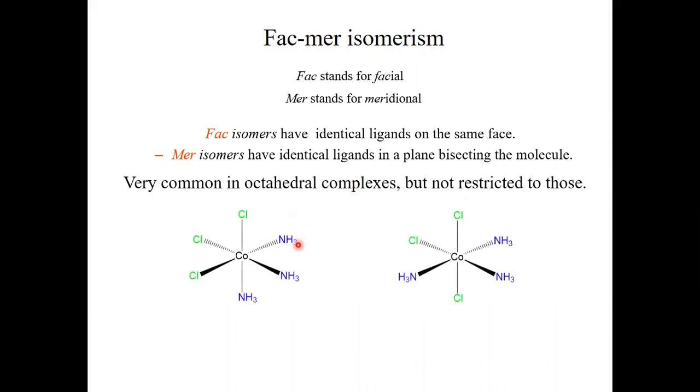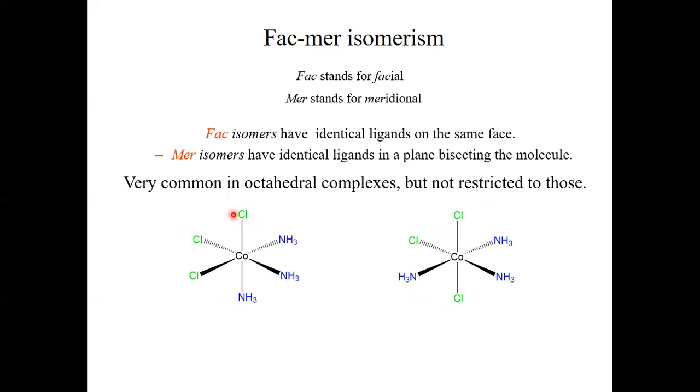Here is one example. Here we have a triamminetrichlorocobalt complex, and one is FAC and one is MER. This one is FAC and this is MER. Why is that?